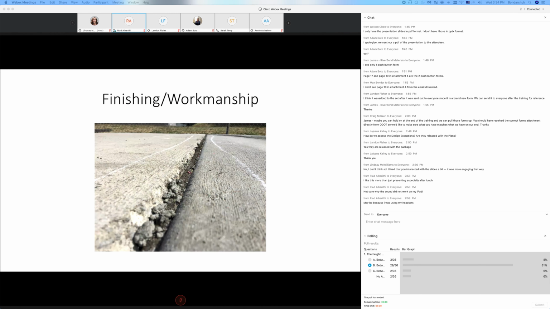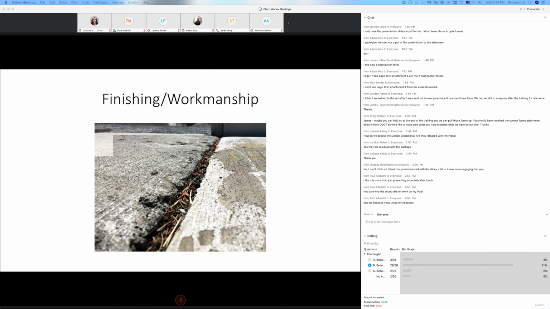Finishing workmanship. When you connect new concrete to old concrete, a better socket, a better work, instead of leaving this large gap or differential lip. Similarly here. Crack in new concrete.